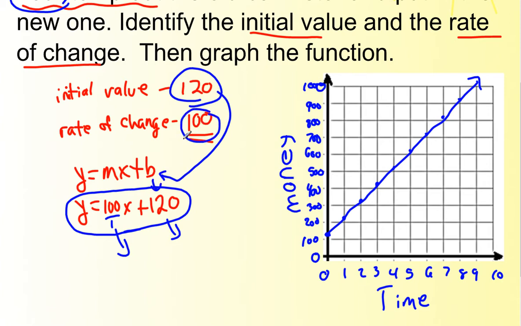The rate of change is still the slope. Initial value is where the function starts on the y-axis when the x value is 0. The rate of change is the slope. It's how much change is happening, how much I go up for every time I go over. Like when I go up 5 and over 1, here I went up 100 over 1. That's that rate of change.